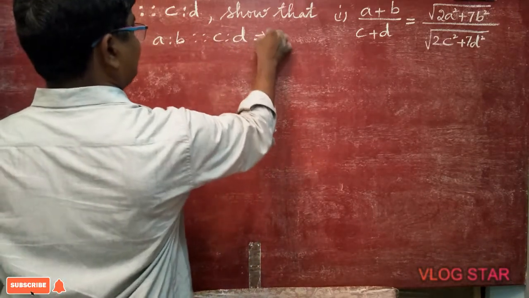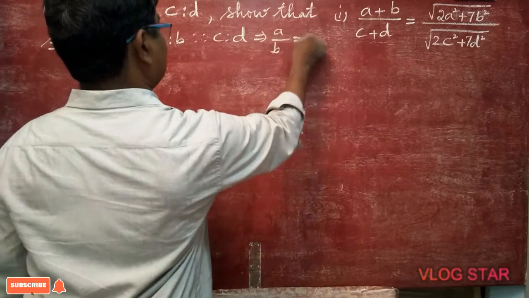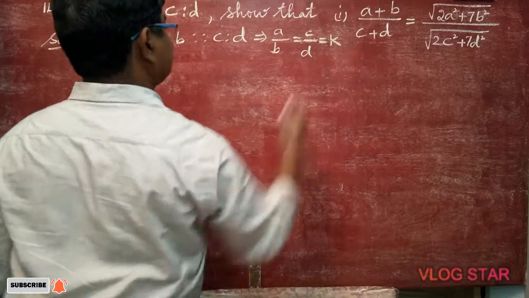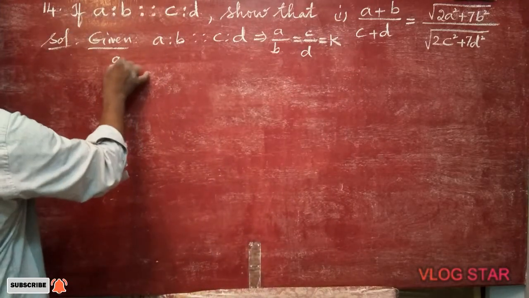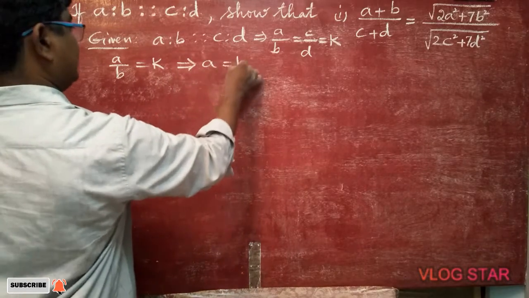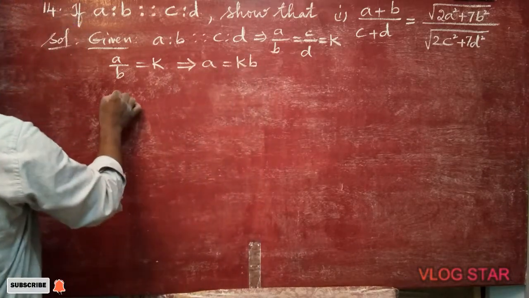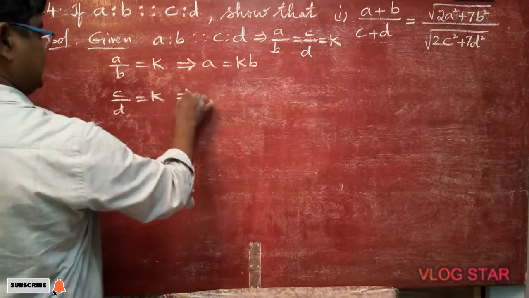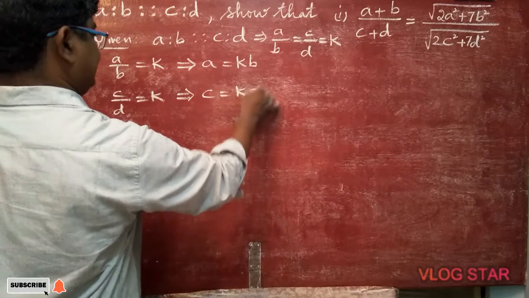Another form of writing is what? A by B is equal to C by D. Same answer, K method, some constant answer will come. So A by B is equal to K implies A is equal to KB. Next, C by D is equal to K implies C is equal to KD.